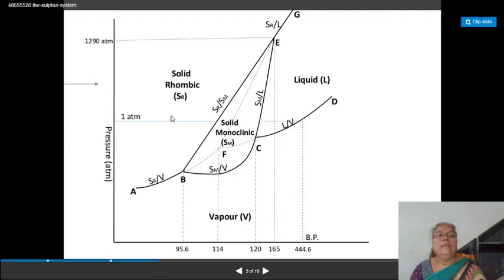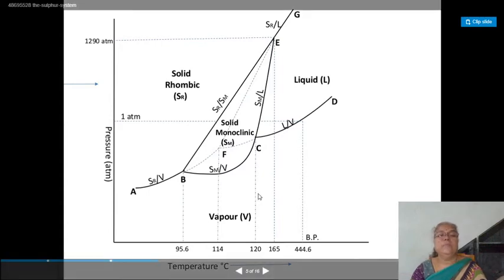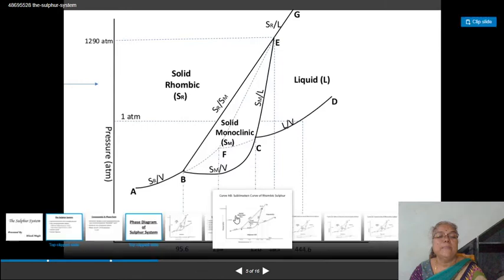Remember that in the area only a single phase has stable existence. In the phase diagram of sulfur system, there are 4 phases, and in these 4 areas we have shown these 4 phases; they have stable existence. And remember that in the phase diagram, areas are bivariant. That means to mention any point in the area, we have to fix pressure and temperature.